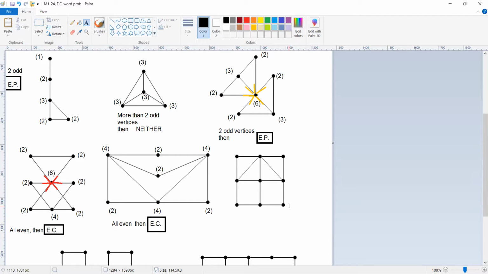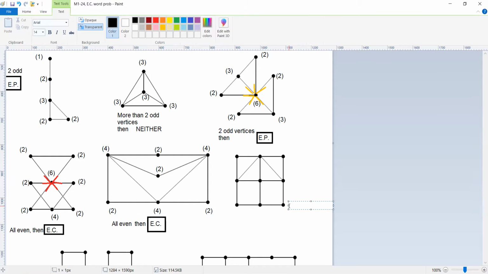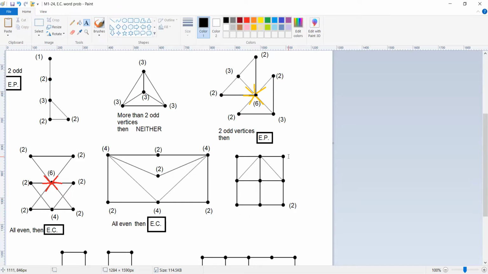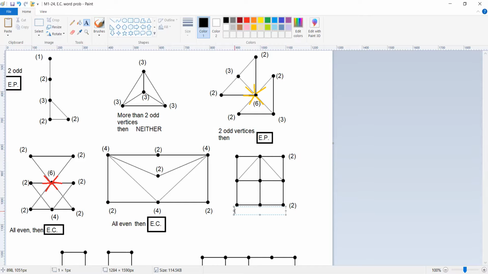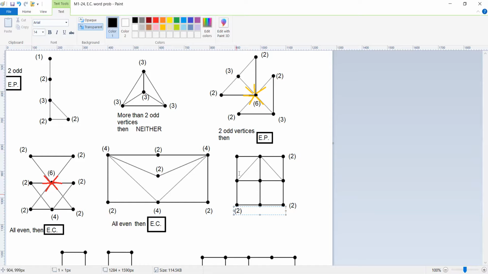Over on the side, there's a degree 2 on this bottom corner and the top corner. Let's get that corner. Degree 2, degree 2.